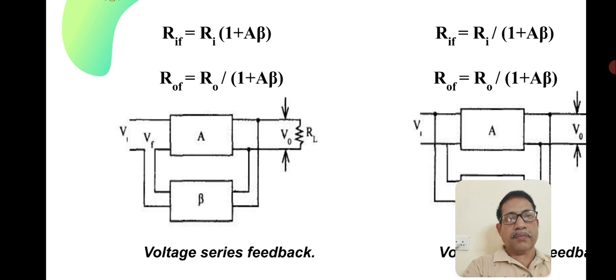Similarly, the input resistance, being in series, is R1 multiplied by 1 plus A beta for voltage series feedback.